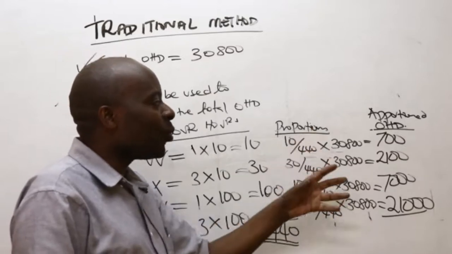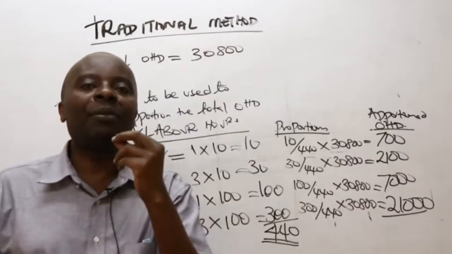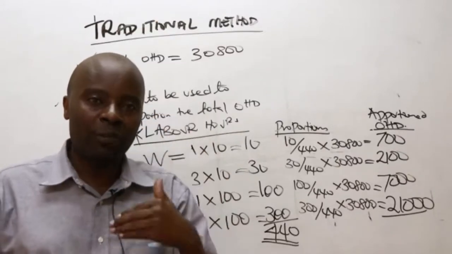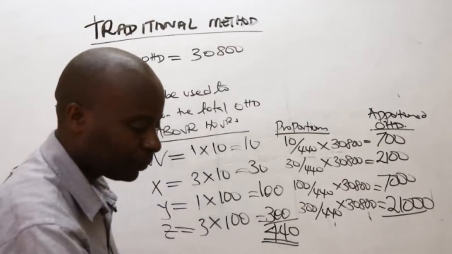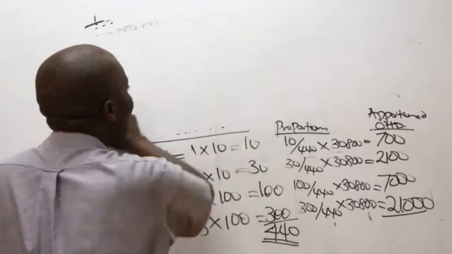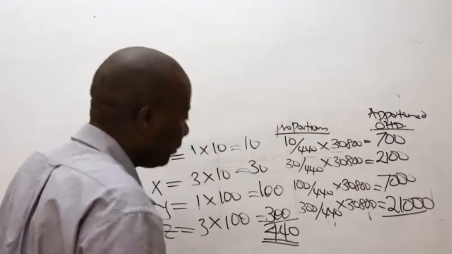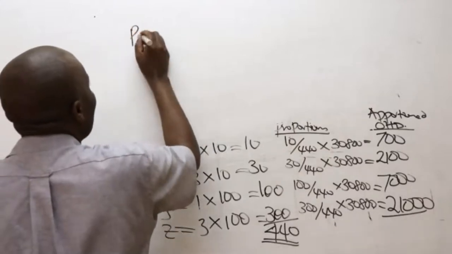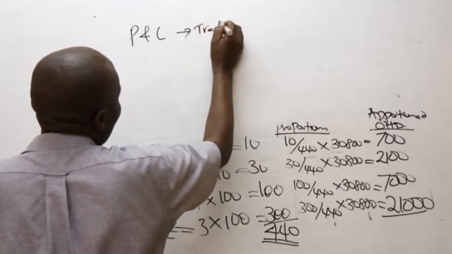Now we are through with the apportionment of overhead. Now we can do a profitability analysis for each individual product, so a profit and loss account under traditional methods.